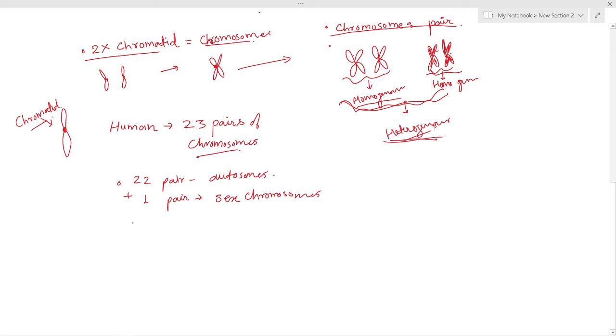As you must be aware, if there is a male, it will be 22 plus XY, and if there is a female, that will be 22 plus XX.